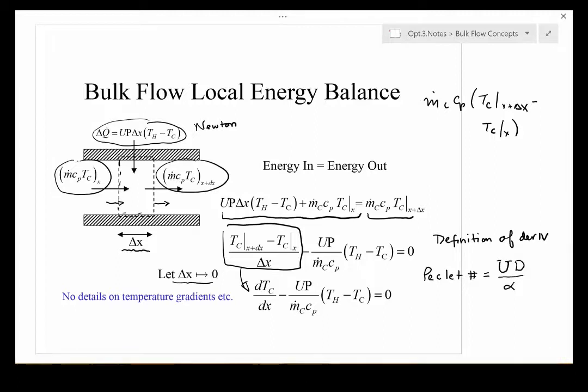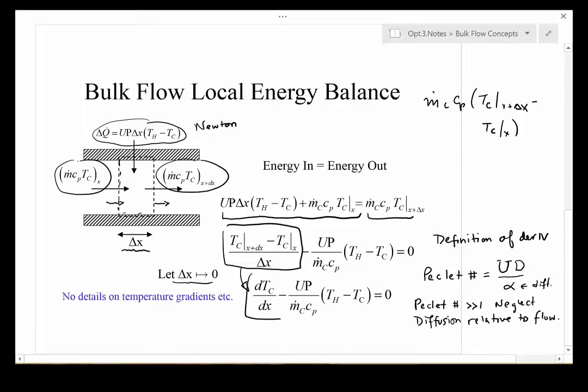And when this Peclet number is large compared to 1, we can neglect the effects of diffusion. So this alpha represents diffusion or conduction processes. So we can neglect diffusion relative to the flow. The numerator is a flow effect. And so this is a powerful model for understanding internal flows, and we're going to spend most of our time really looking at problems of that type.